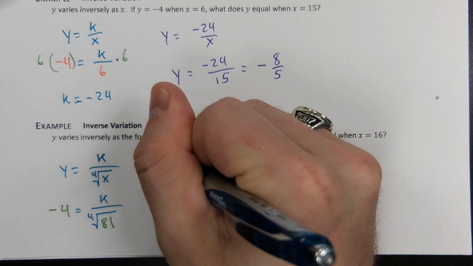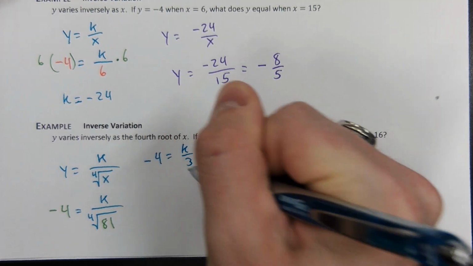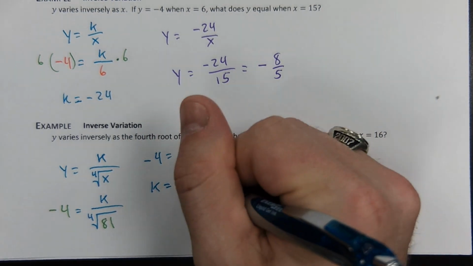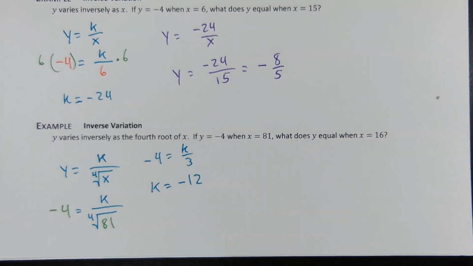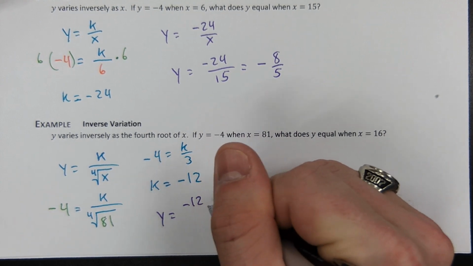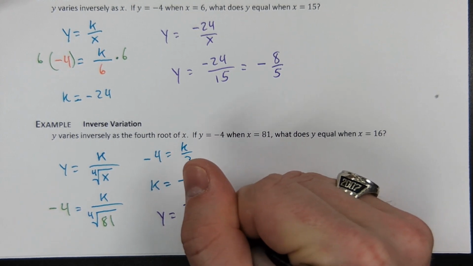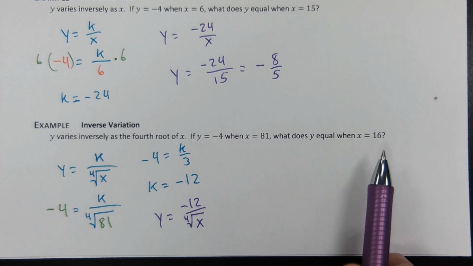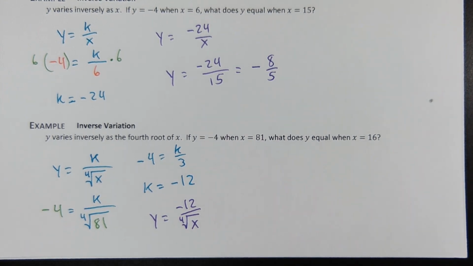We actually have -4 equals k over 3, multiply both sides by 3, and you now know that k is -12. Your equation then is y equals -12 over the fourth root of x. And now, substitute x equals 16.